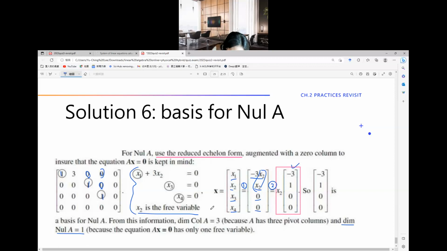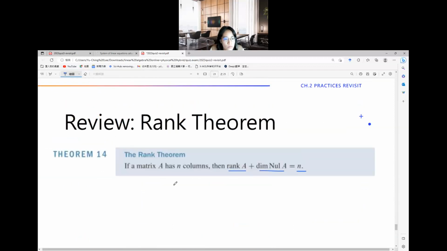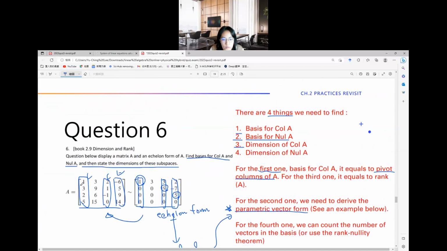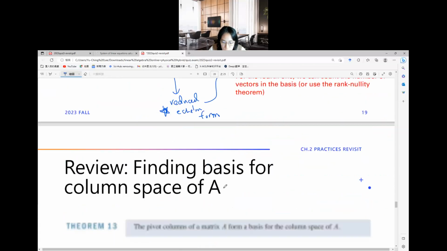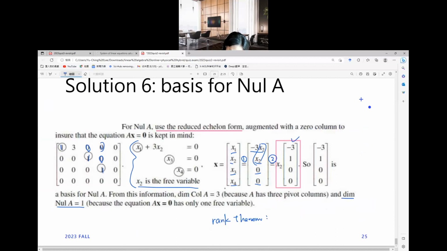And we can check whether the rank theorem is correct. The rank theorem says that if a matrix has n columns, how many columns do I have? Okay, four columns: 1, 2, 3, 4. N is the number of columns.